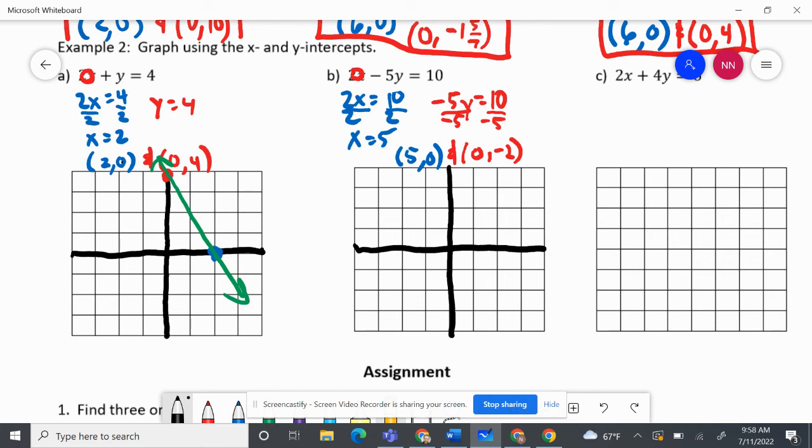Now the problem is that 5, 0 doesn't fit. So I'm going to move my y-axis over so that it does fit. So in that case, I have 1, 2, 3, 4, 5. And then 0, negative 2 would be right here. And I'm going to draw my straight line.